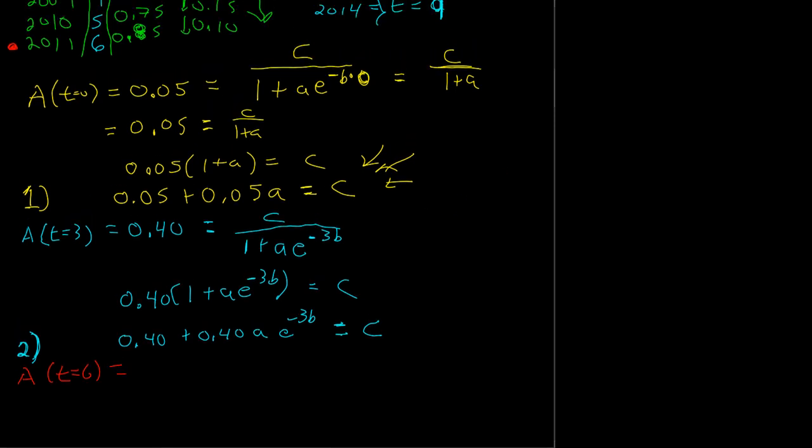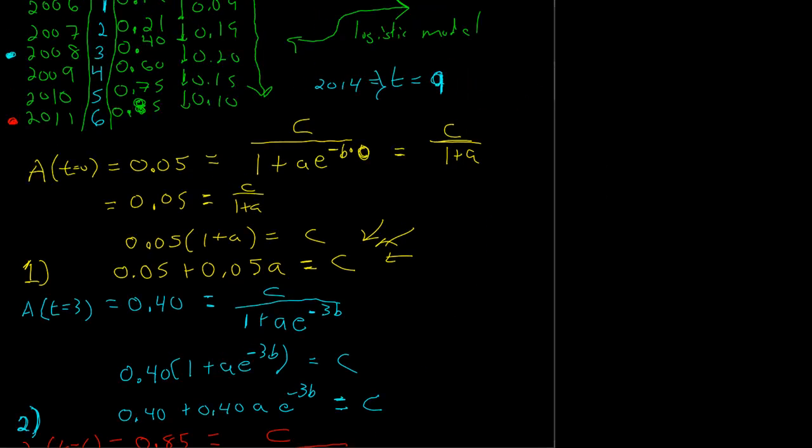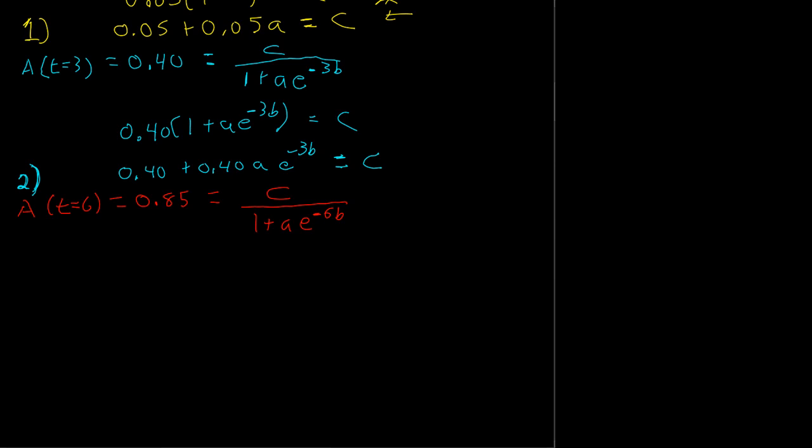I just lost the end of that. My value was 0.85 equals C over 1 plus A e to the negative 6b. I'm going to cross multiply. So I get 0.85 times 1 plus A e to the negative 6b equals C.